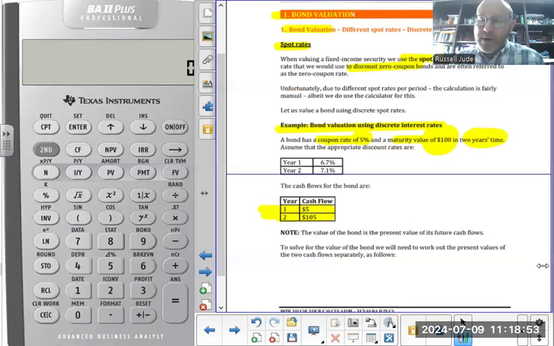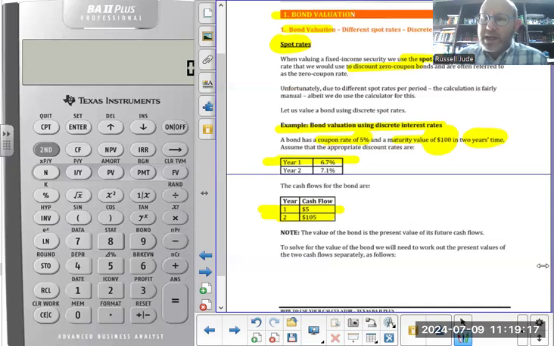But remember, the most accurate way of doing that is to use spot rates, the rates that relate to the particular zero coupon bond for that particular cash flow for that particular year. Okay, so year number one, I've got 6.7%. So what am I going to do to value my cash flow on my bond for year one? I'll take my $5 and discount that at 6.7%.